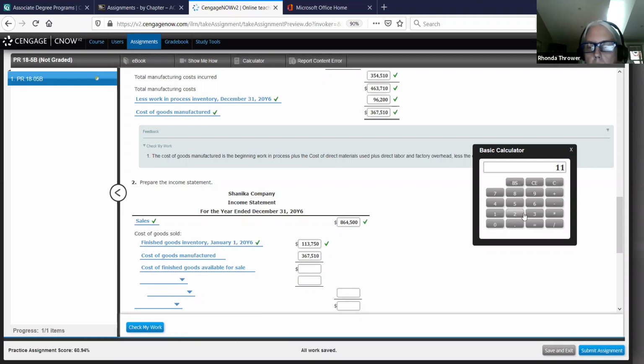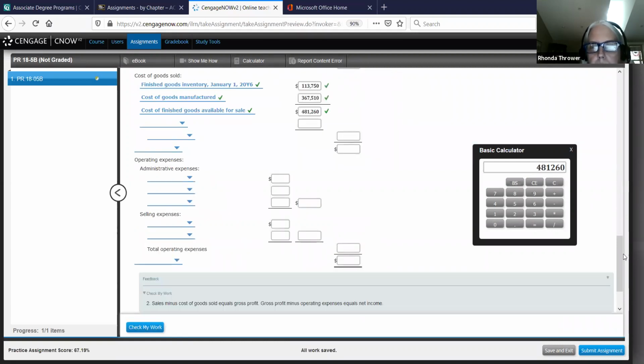So 113,750, which was our finished goods beginning inventory, plus our cost of goods manufactured for this period of time, will tell us how much goods we have available to sell. So 481,260 is the cost of my finished goods available for sale.